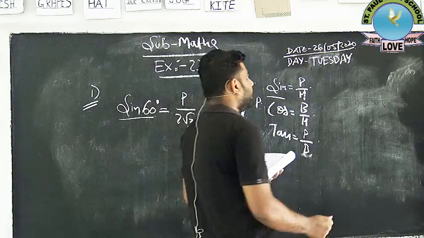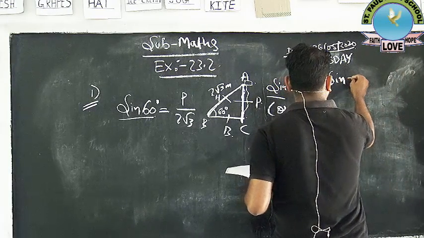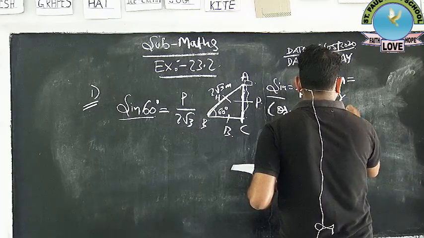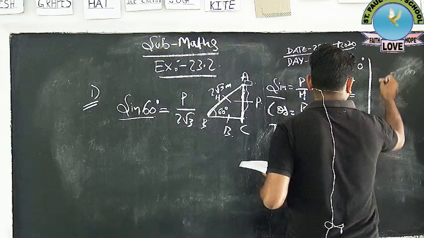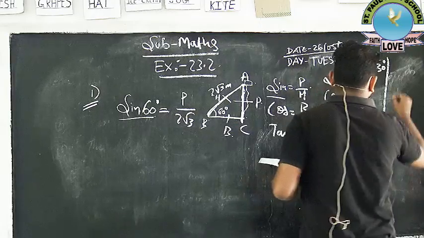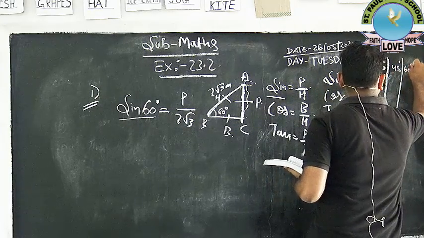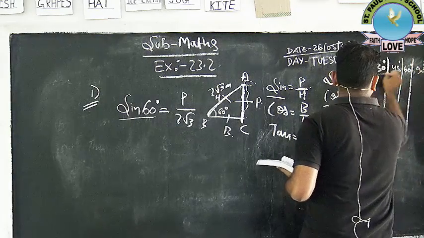If you don't know, I will remind you. This table you have to remember, everyone: sine, cos and tan. 0 degree, 30 degree, 45 degree, 60 degree, and the last one is 90 degree.